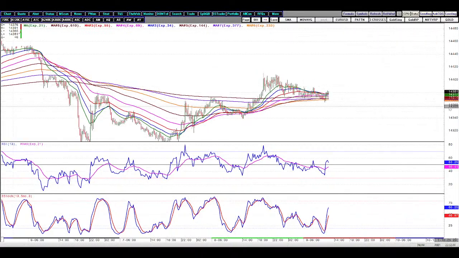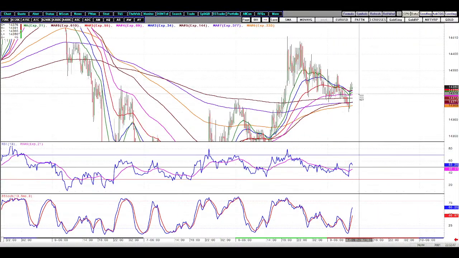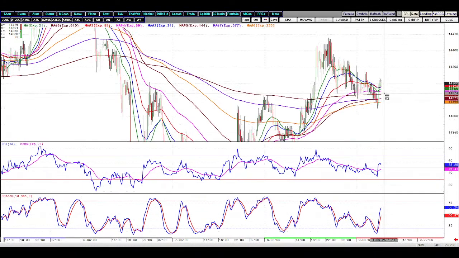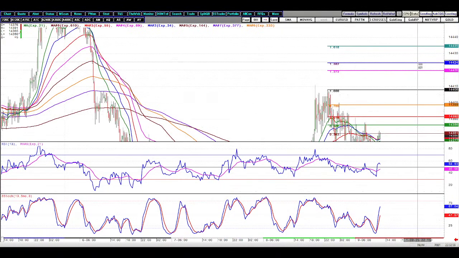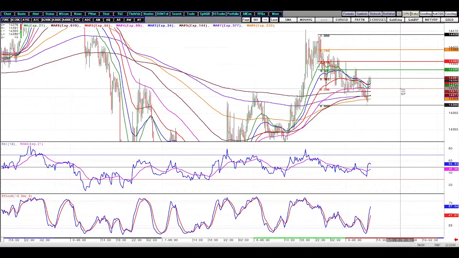The chart is showing that it may have seen a base. Of course, this is a bit risky, but I think we can still go for the trade because of the dollar strength. If we exit, we should try to exit before 144.20.